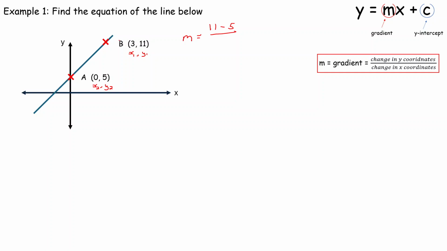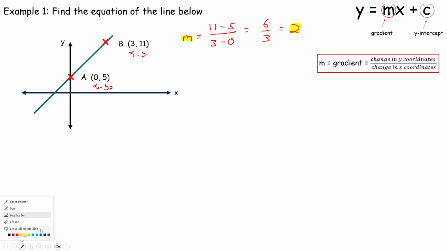Because I started with the coordinate b, I've got to go for the change in the x coordinates from this 3. I can't mix and match; I can't go 0 take away 3. I've got to do 3, and then take away the second x coordinate, which is 0. So my gradient m is equal to 11 take away 5, which is 6, over 3 take away 0, which is 3. So 6 divided by 3 is equal to 2. The gradient of this line is 2, so m is equal to 2.